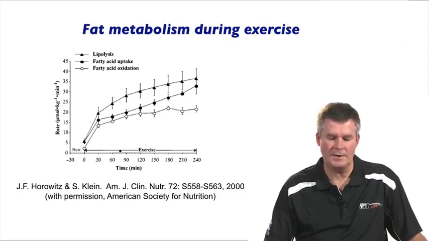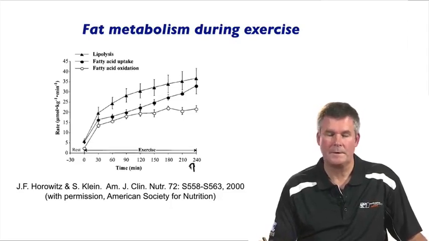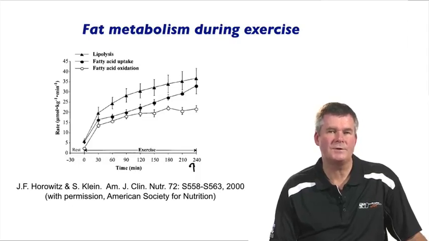And you can see in this slide, during quite prolonged exercise lasting about 4 hours, the progressive increase in the rates of lipolysis, and this will come from both adipose tissue and potentially also from muscle triglycerides, the increase in fatty acid uptake from the blood by the contracting muscle largely, and the increase in fatty acid oxidation.